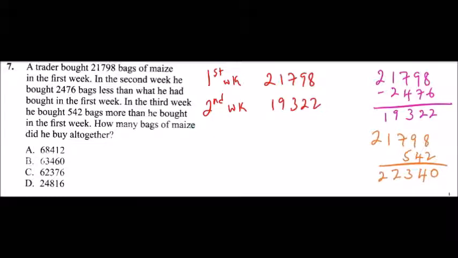So it means the third week, the trader bought 22,340. So you add all this.